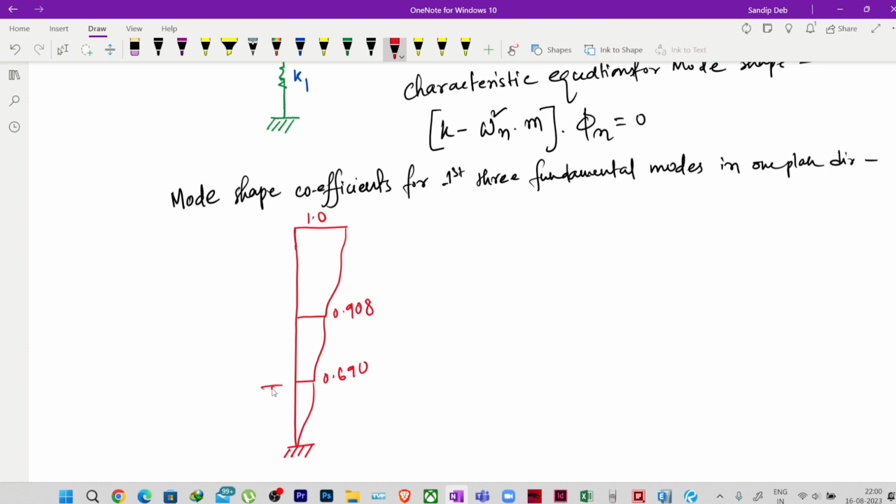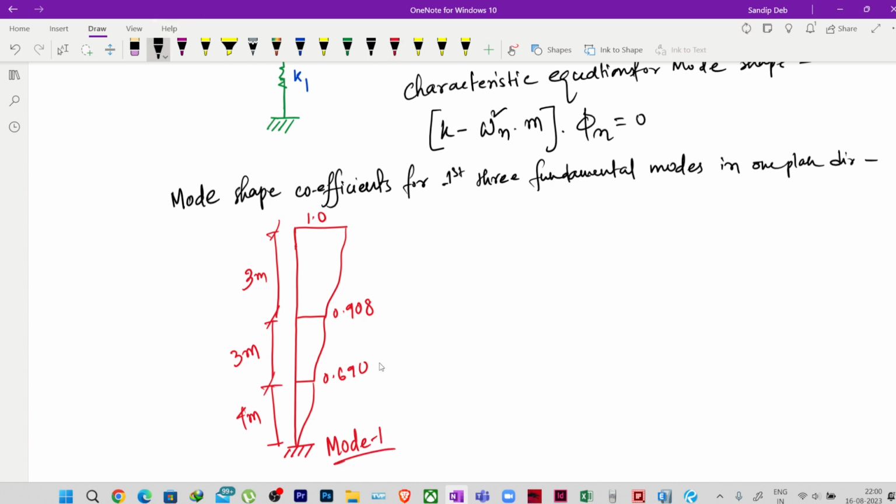Remember these heights: 4 meter, 3 meter, 3 meter. So these are the mode shape coefficients. This is my mode 1.